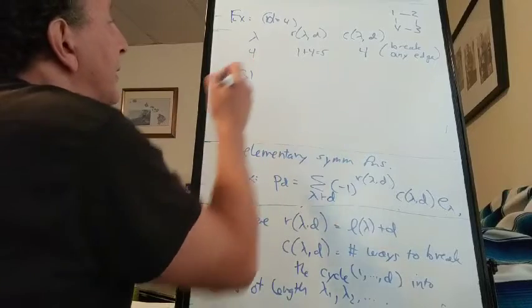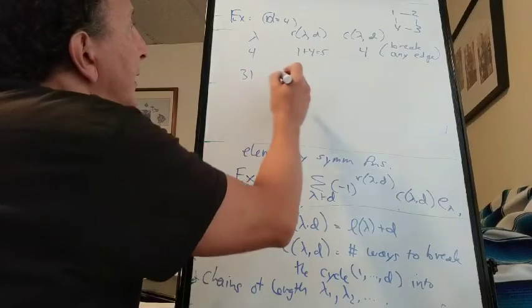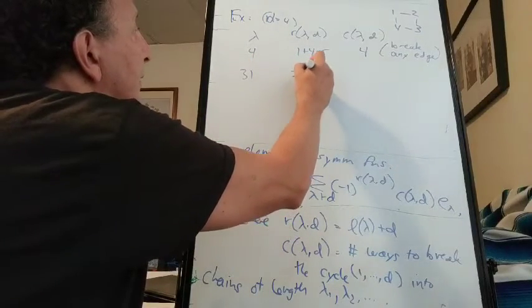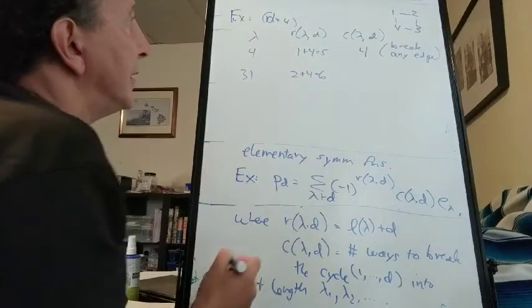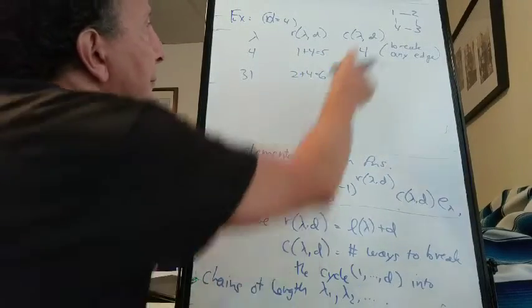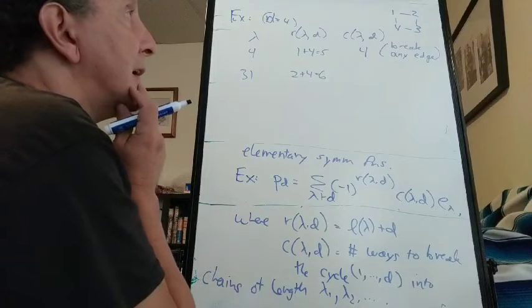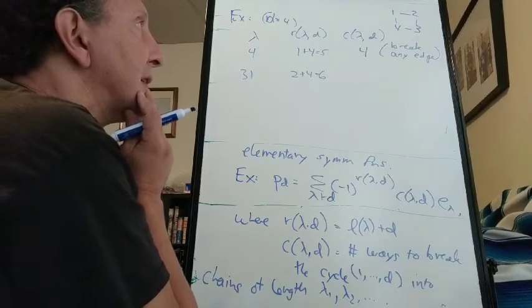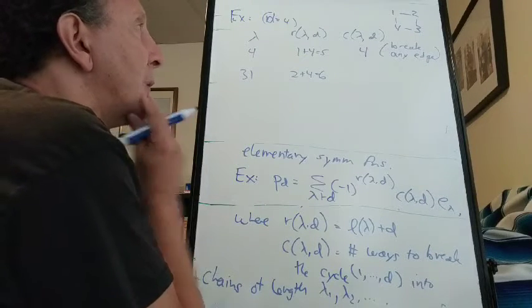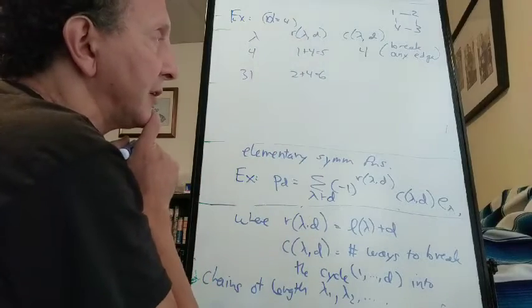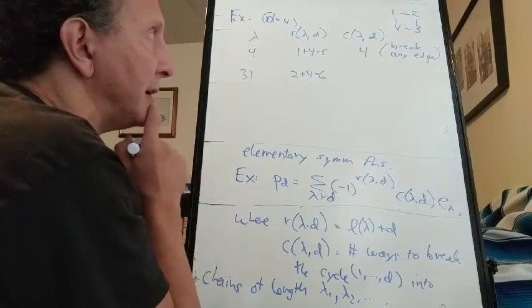And then if we look at the partition 3, 1, this has got 2 parts. 2 plus 4 equals 6. And then if we want to break that cycle into a chain of length 3 and a chain of length 1, we just pick one vertex to be a singleton, and then the other 3 are going to be a chain.